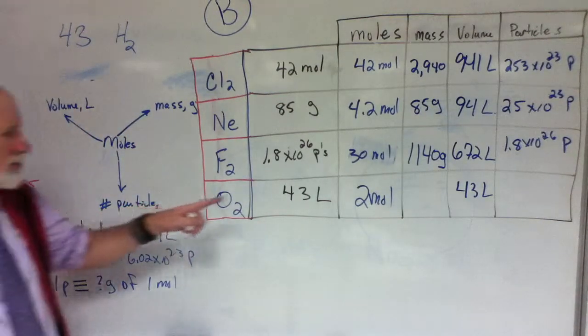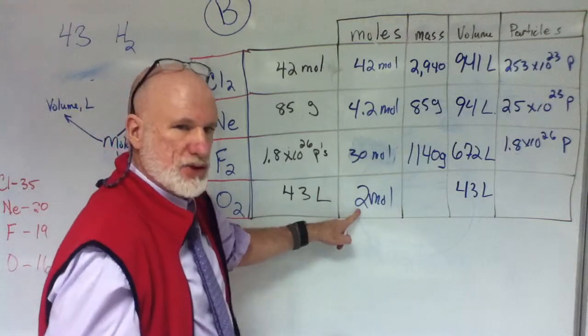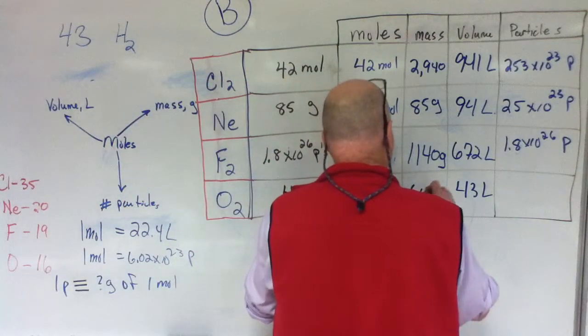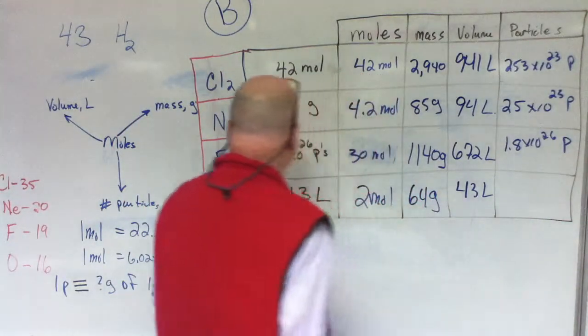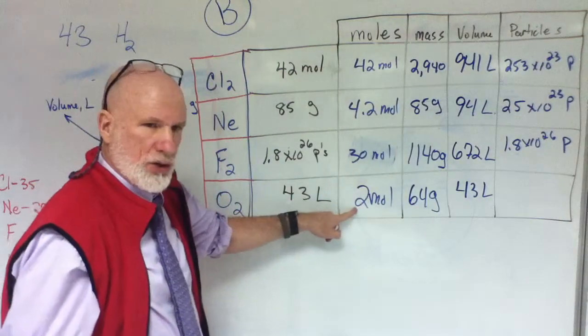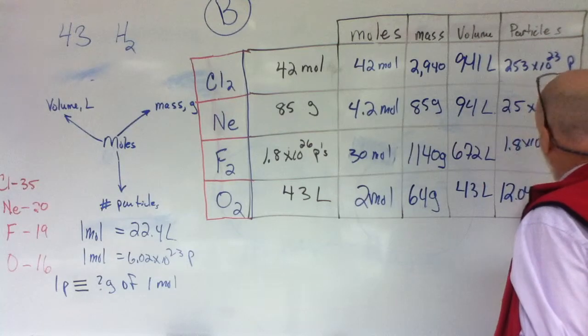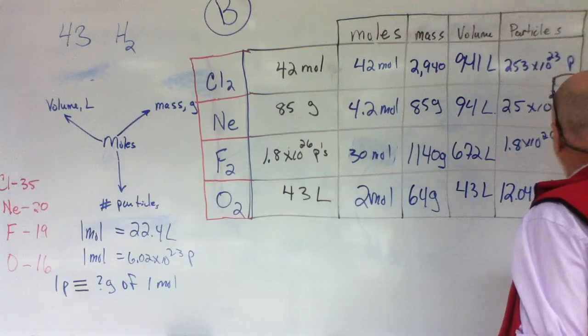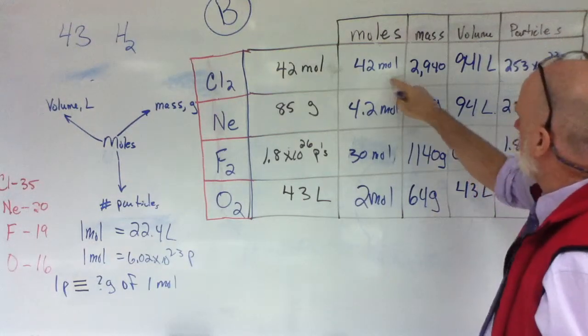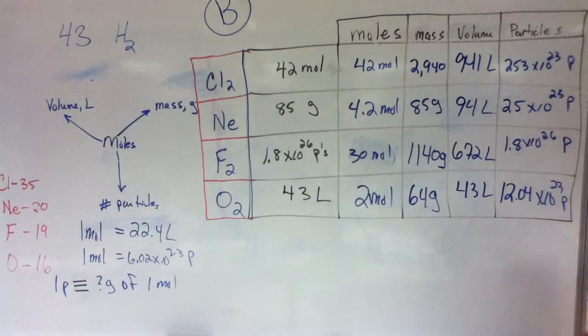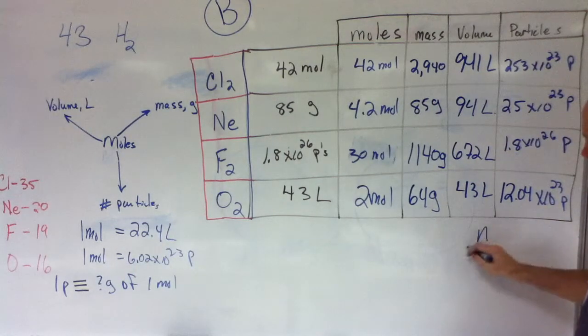So what is 2 times 32? 64. All right, now, what is 2 times 6.02? That's 12.04 times 10 to 23 particles. Okay, one each. 1, 2, 3, 4 times 4, 16. So it's going to be n over 16.